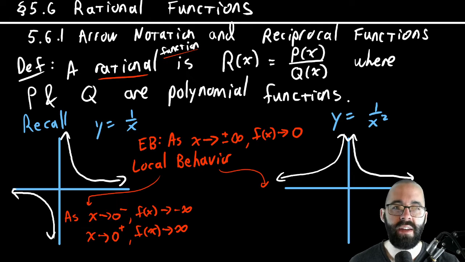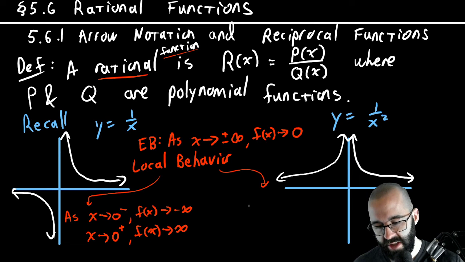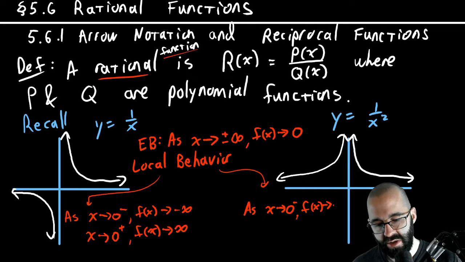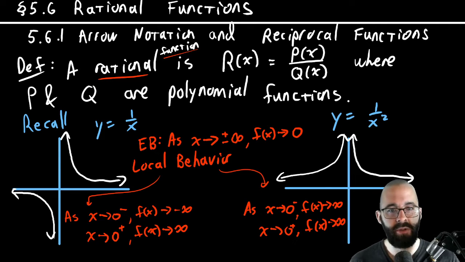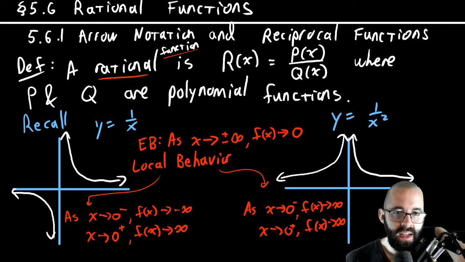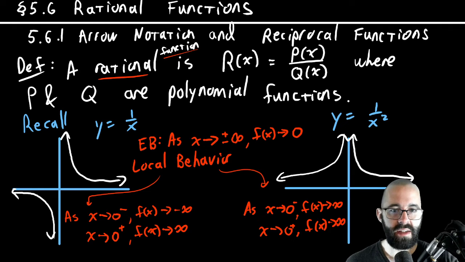So try to mimic this for the other graph. And what you should get is as x approaches 0 from the left, the function approaches positive infinity. And as x approaches 0 from the right, the function is also approaching positive infinity. So in the second one, it doesn't matter whether we're approaching 0 from the left or the right. It's going to positive infinity in both of these.